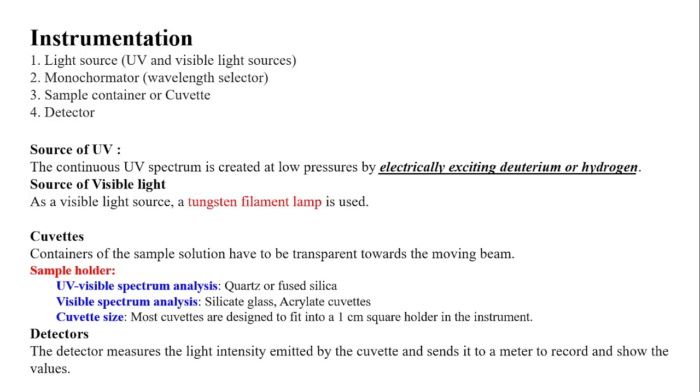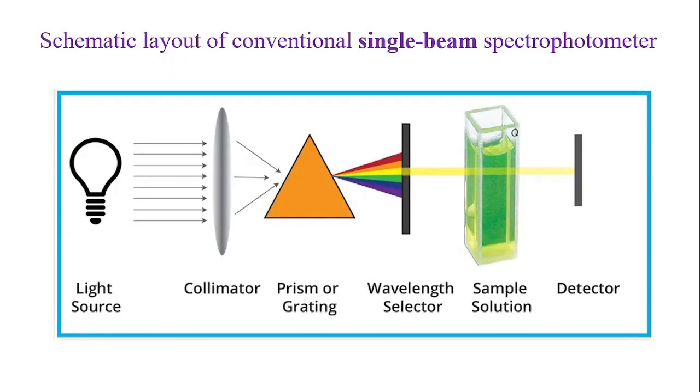For visible spectrum analysis, silicate glass or acrylic cuvettes are preferred. The cuvette size is as follows. Most of them fit into a 1 centimeter square holder in the instrument. The detector measures the light intensity emitted by the cuvette, and it sends it to a meter to record and show the values.